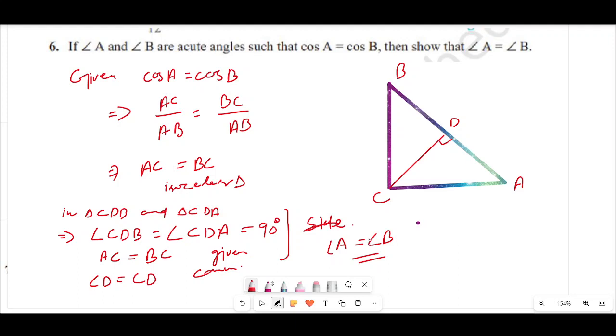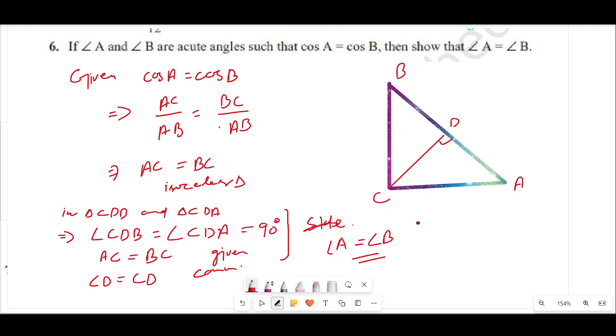Because that is perpendicular, and it is given that AC equal to BC and CD is common, the other angle will be the same, and angle D is common, then it will be the same.